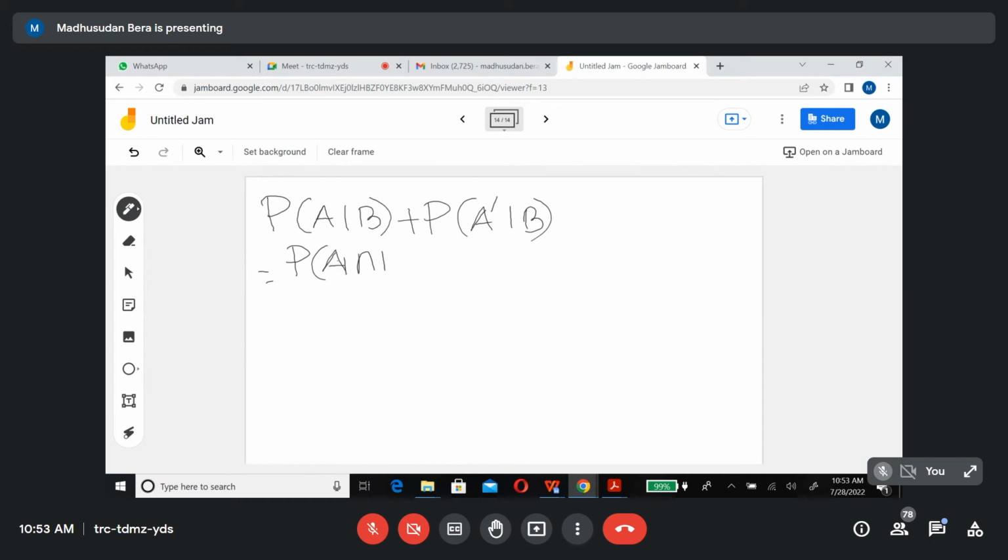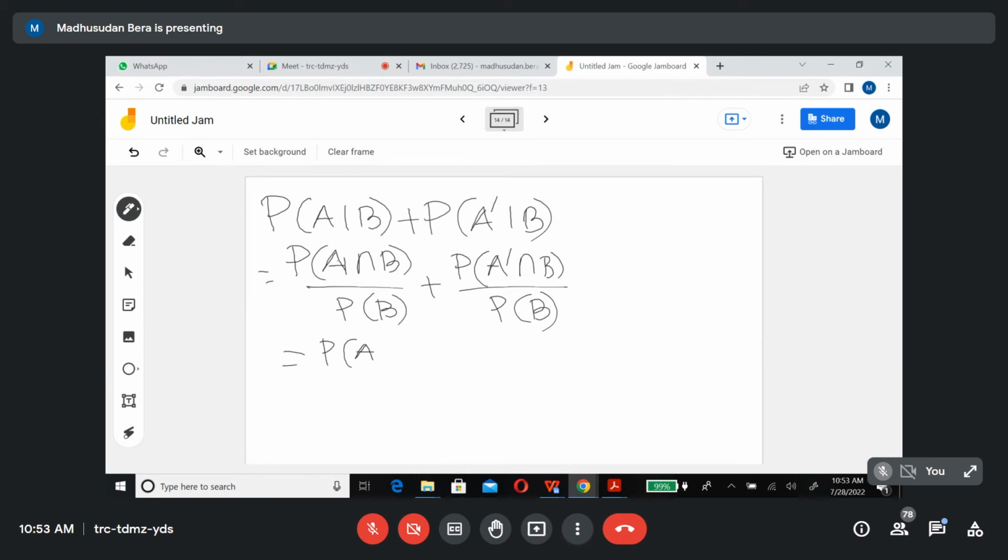So P of A intersection B by P of B, plus by formula P of A dash intersection B by P of B. What can we write next?